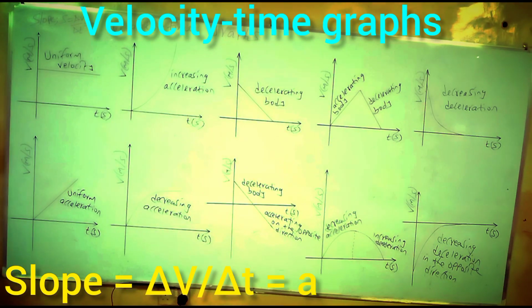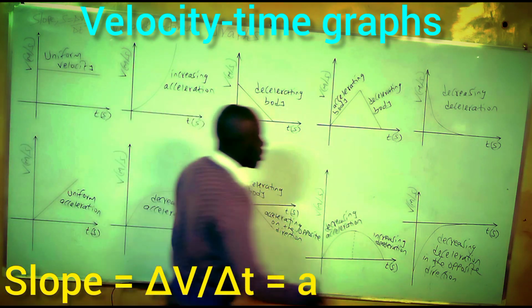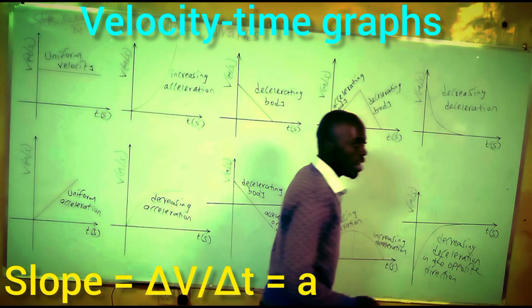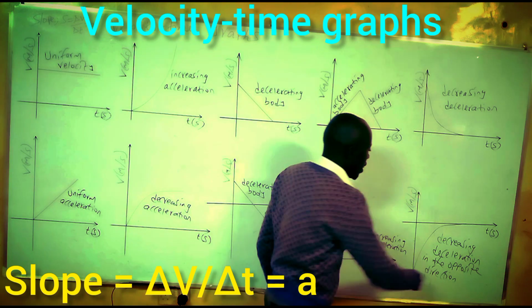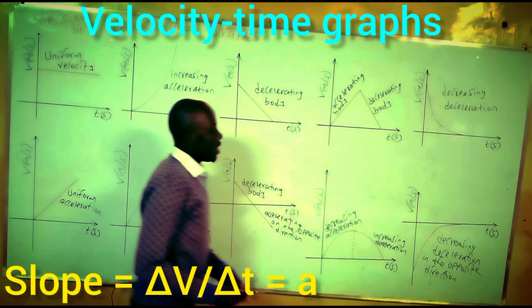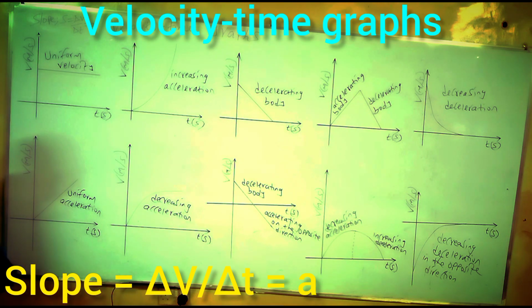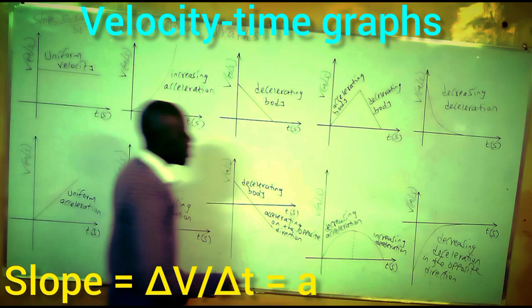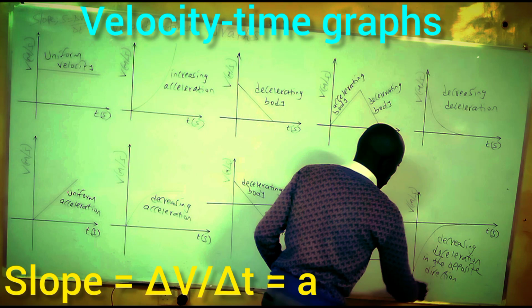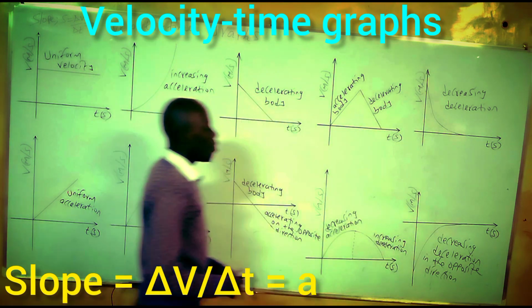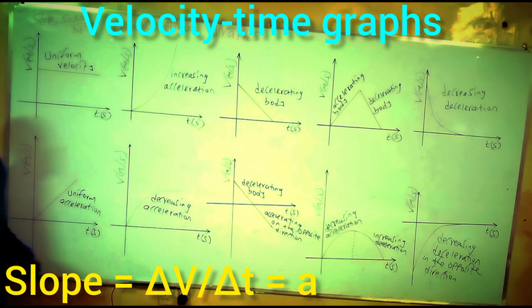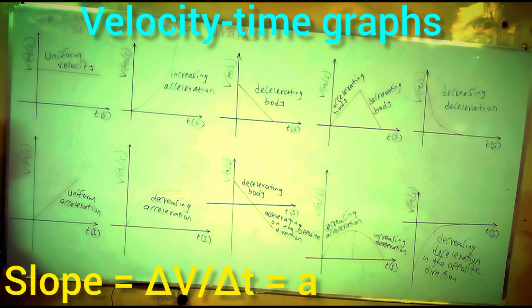The final velocity is 0, which means the deceleration is decreasing, but now in the opposite direction. You also realize that the slope is decreasing, meaning the acceleration is decreasing. The deceleration is decreasing.